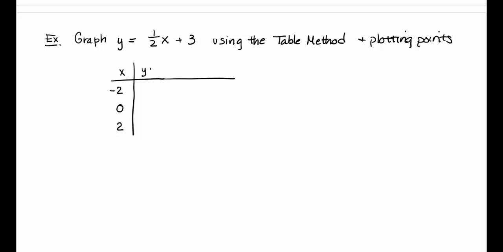And then I'm going to go ahead and plug everything in for x and see what I get out for my y. And then I'm going to put them together, and I get a point.